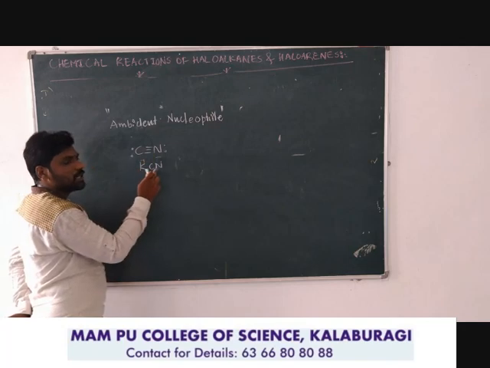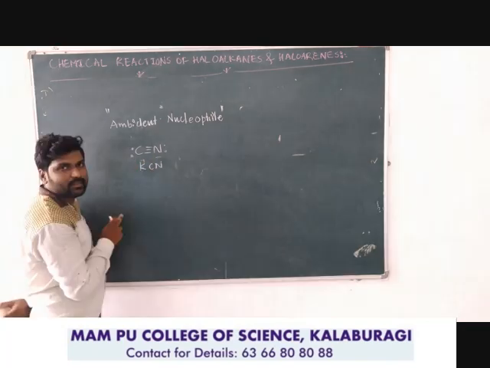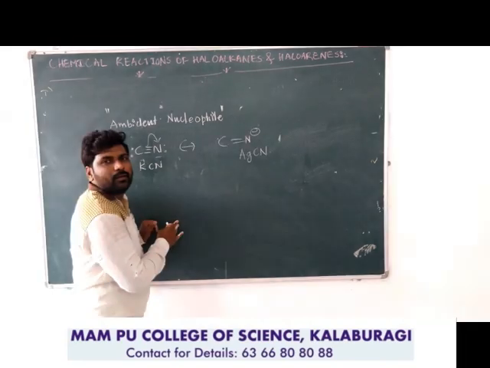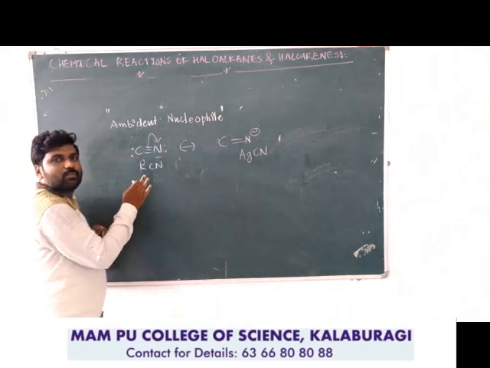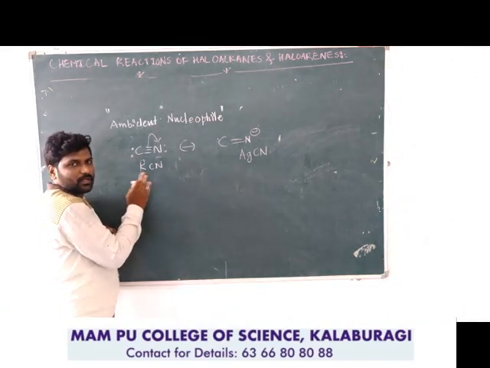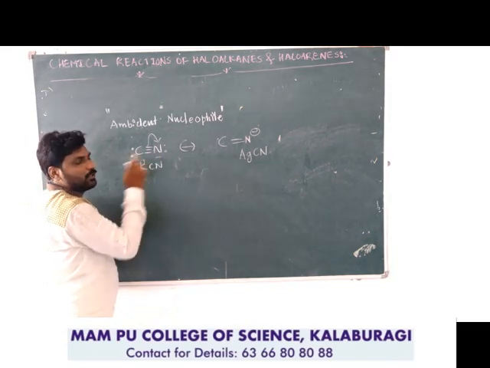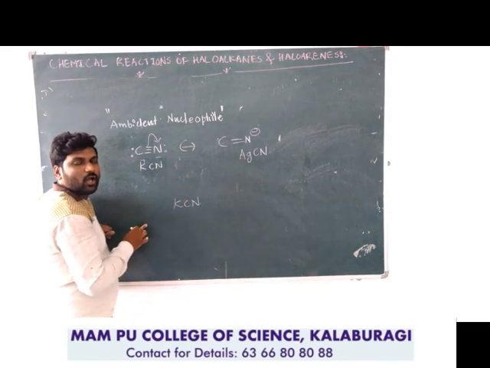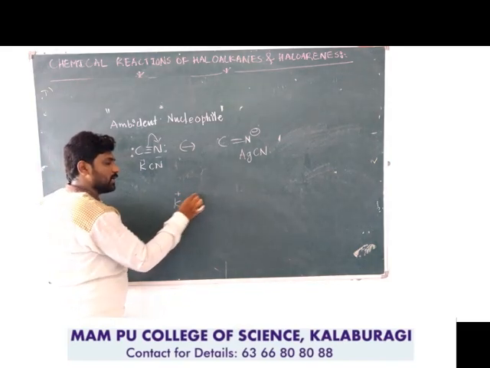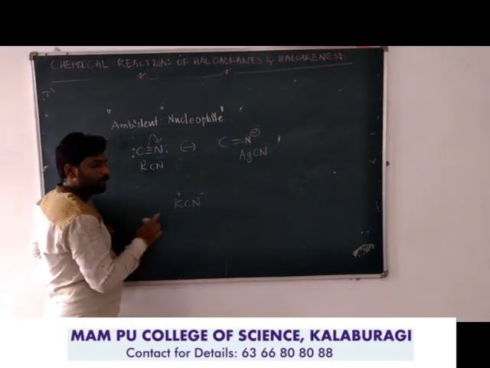But potassium cyanide prefers to attack from the carbon atom rather than the nitrogen atom, because potassium cyanide is highly ionic in nature, potassium plus, cyanide minus. Whenever it is available in the form of potassium cyanide, it chooses to attack from the carbon.